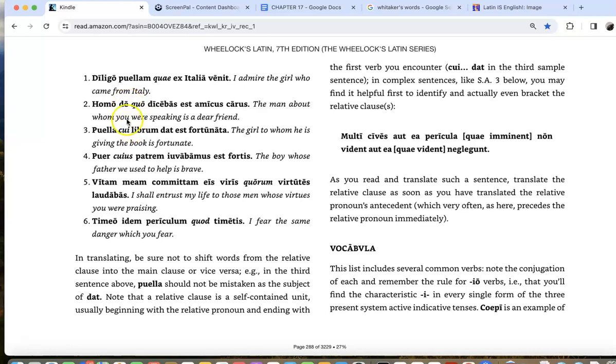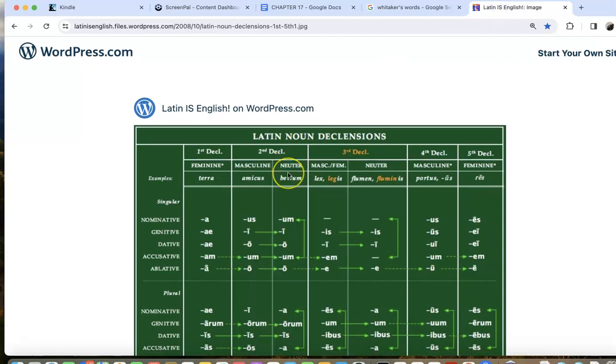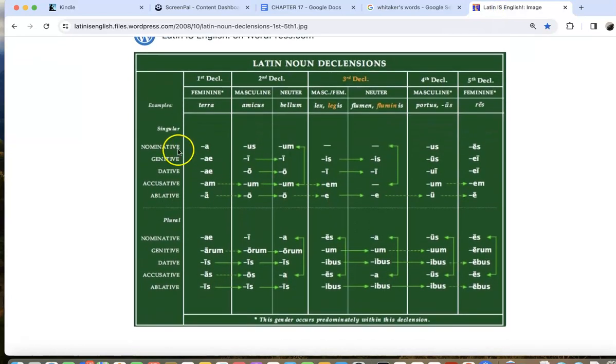So you can see this concept will really exemplify the importance of learning the cases in Latin, which goes back to what we've talked about since the beginning of the course last fall, namely we have to know what these cases are and what their function is for English grammar when we're translating.